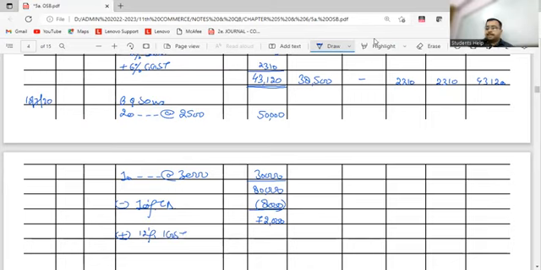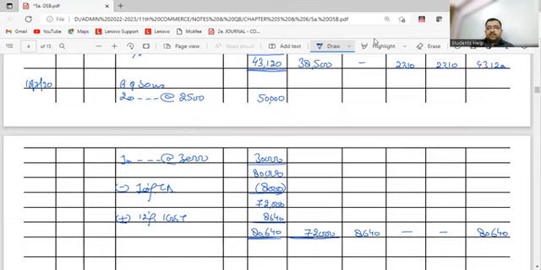Rather, we have IGST. So 72,000, 12% is 8,640. What's the total, children? 80,640. Here we'll be putting 72,000. Here we'll put 8,640, and again 80,640. Heard well, children, how to prepare?